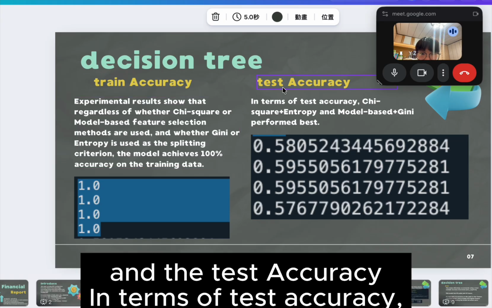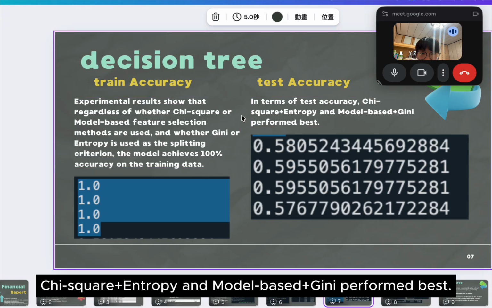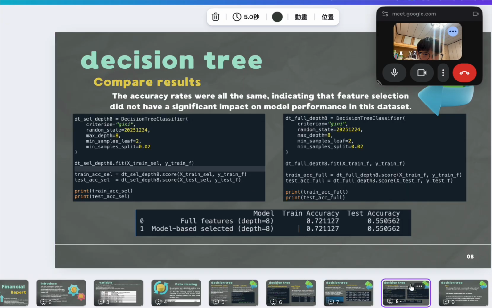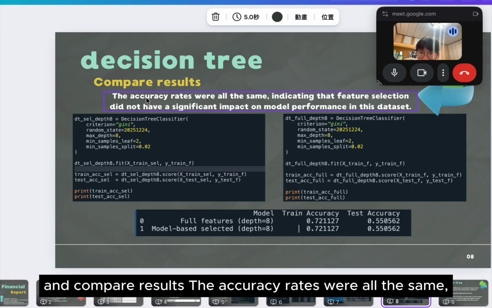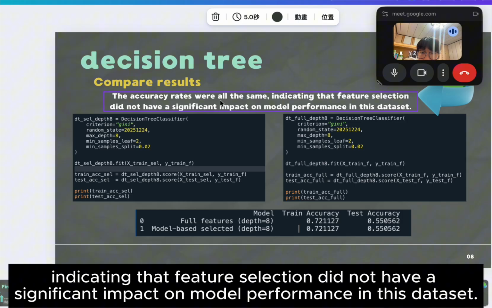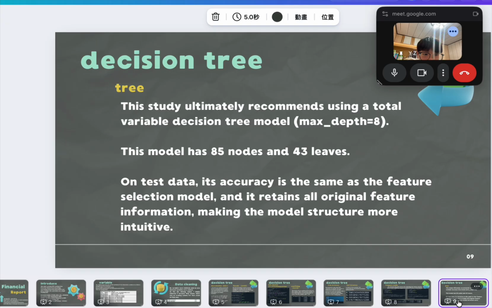And the test accuracy is the same for entropy and Gini. Comparing the results, the accuracy rate was all the same, so the feature selection did not have a severe impact on model performance in this data set.